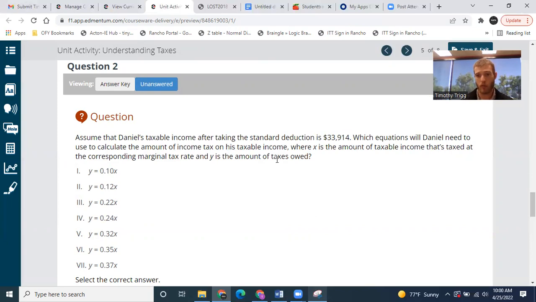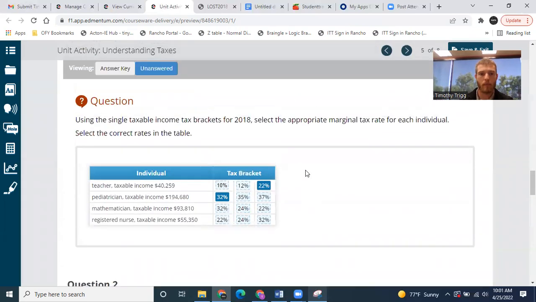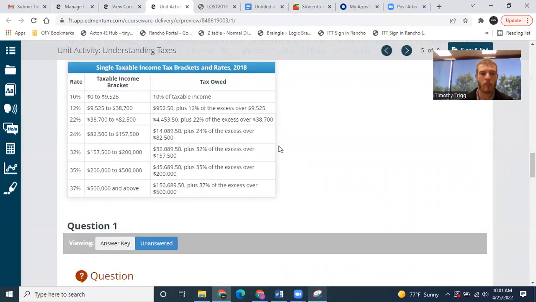A lot of them using the word tax over and over again, or taxation or taxable. But if this is his taxable income, let's look at that chart up here. Which tax bracket does he fall into? Well, he falls into this 12% tax bracket, right?